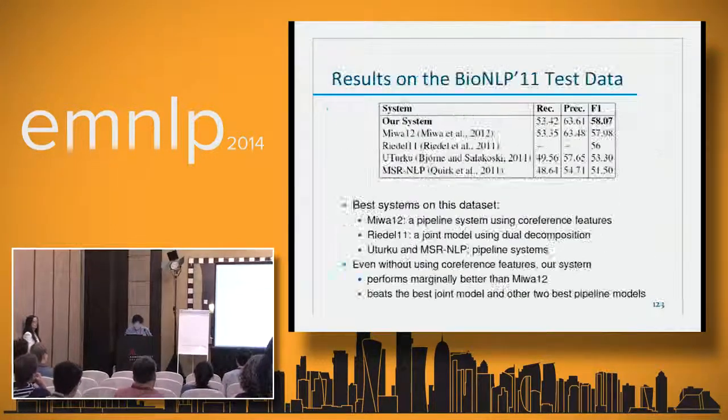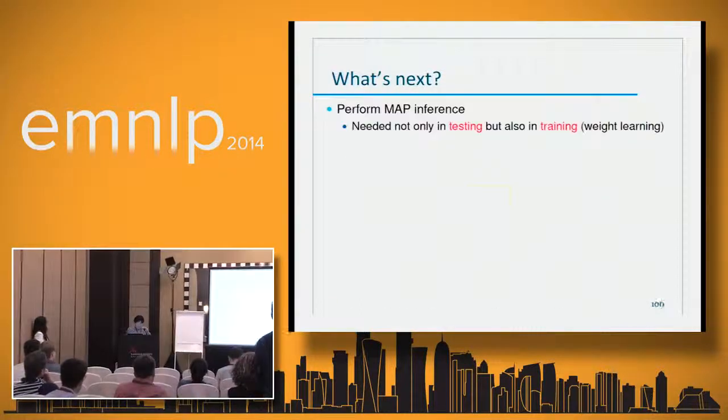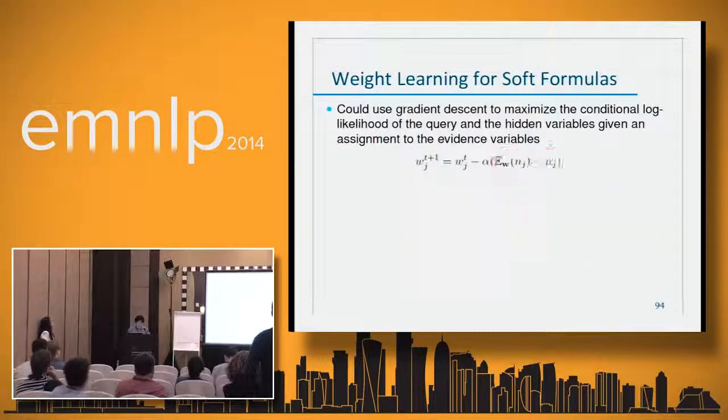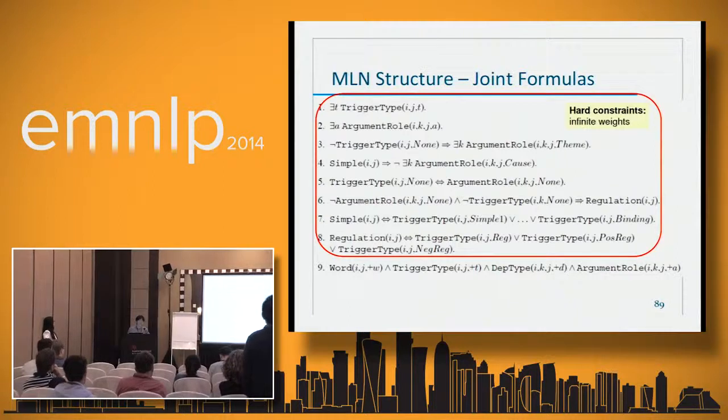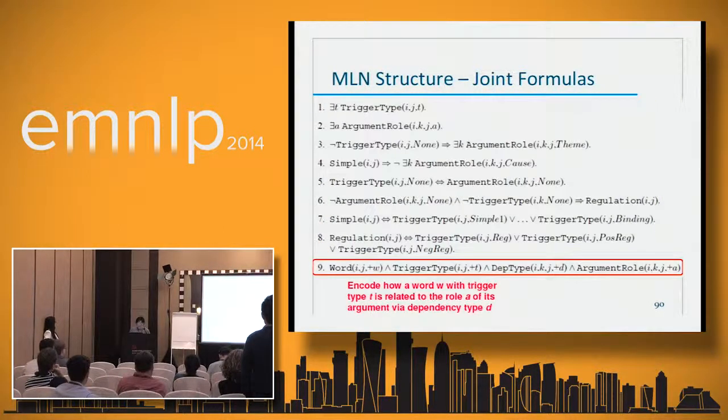Okay. So if you're talking about this clause, in our MLN we have 9 different formulas. We have 2 kinds of soft constraints. One kind came from this particular formula, where we try to model the interaction between a word, a trigger type, and the argument role that it is connected to via some sort of dependency relation.